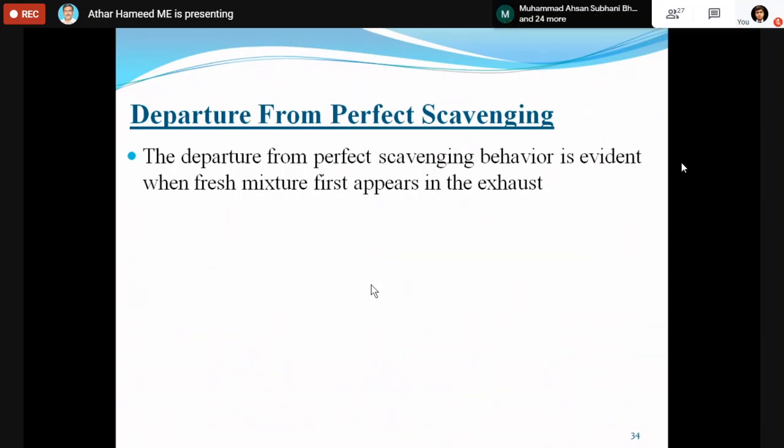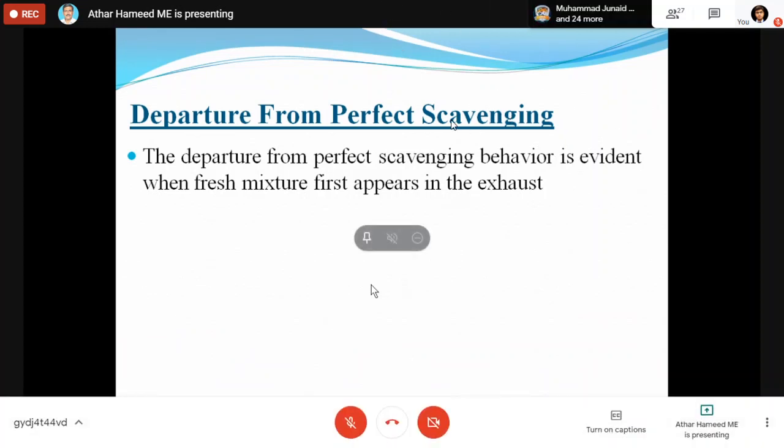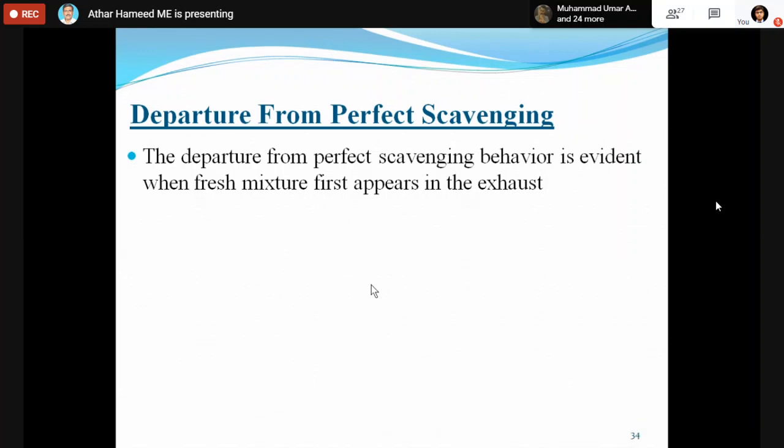We can analyze the mixture at the exhaust, take a sample, and see how many unburned hydrocarbons are present in the exhaust. That will tell us how much scavenging has not been done, and how much we need to improve. That will be the first sign of the departure from perfect scavenging.